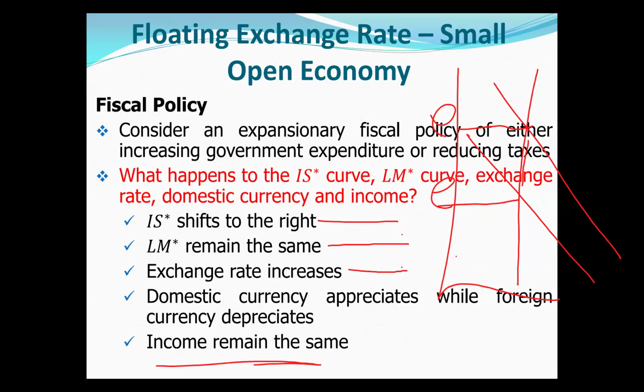But income, what happens to income? Income remains the same, so income and the LM remain there. Domestic currency appreciates. This is what you hear when there is an expansionary fiscal policy in an open economy.